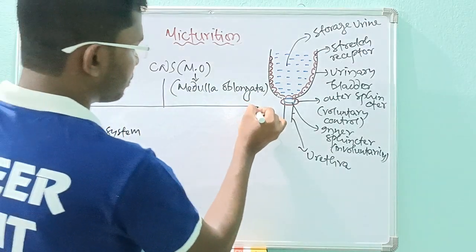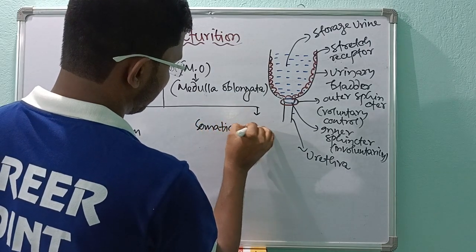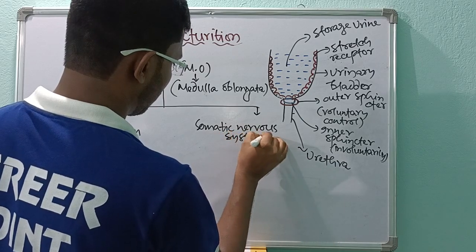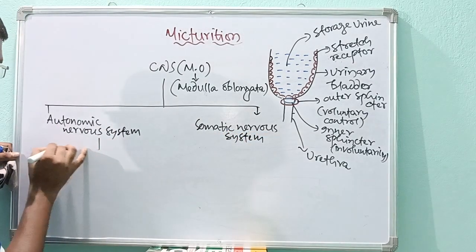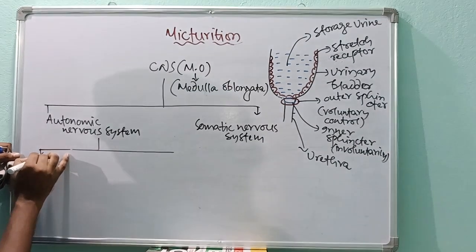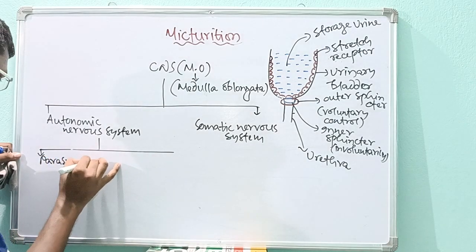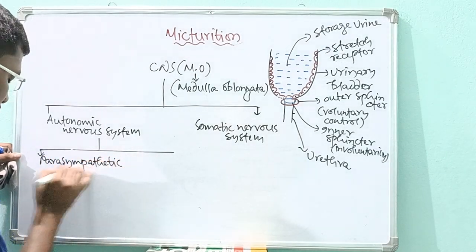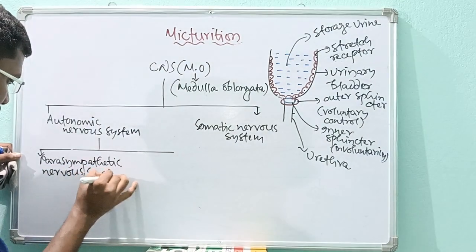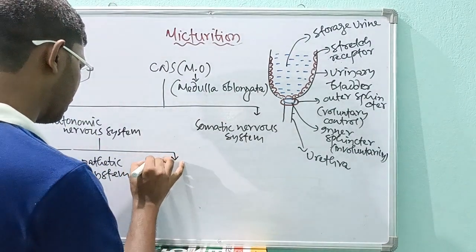Autonomic nervous system and somatic nervous system. The autonomic nervous system also has two regions, that is the parasympathetic nervous system and the sympathetic nervous system.